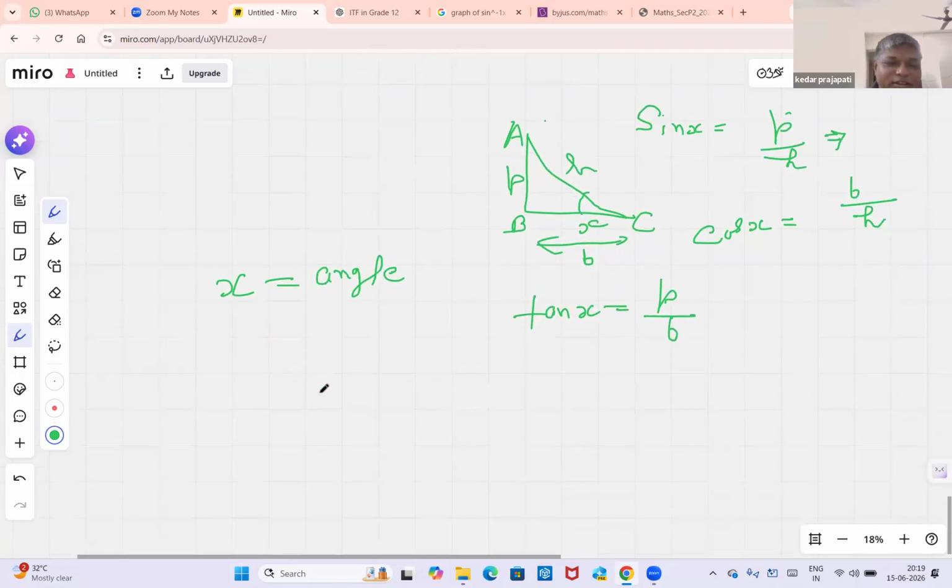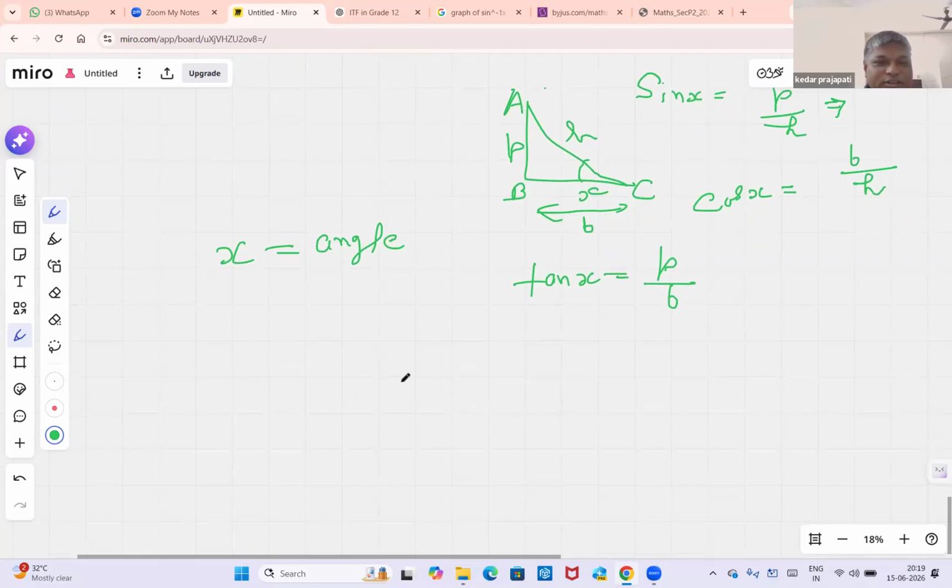But in inverse trigonometric function, in your ITF, your ITF is nothing but the inverse of this. So sine inverse X. It is similar to, suppose I have a function y equal to f(x).